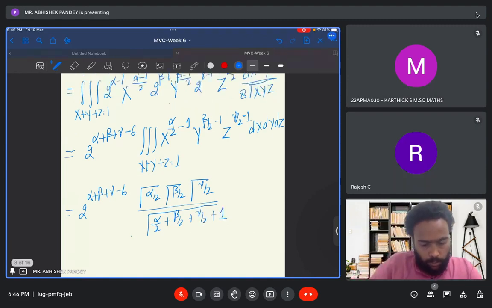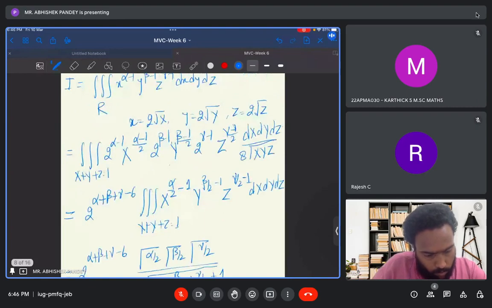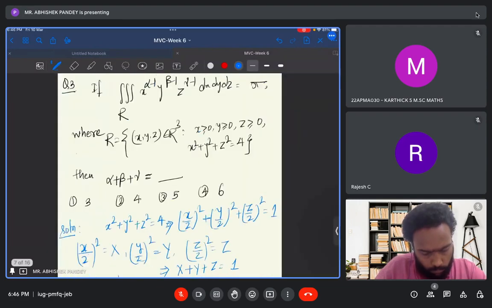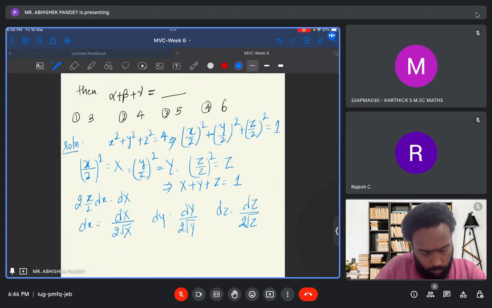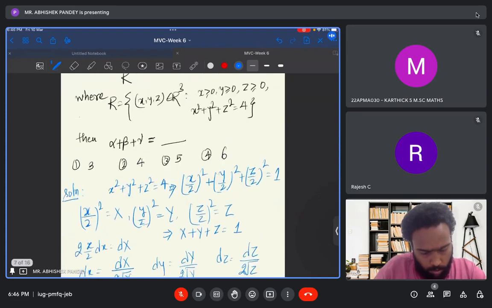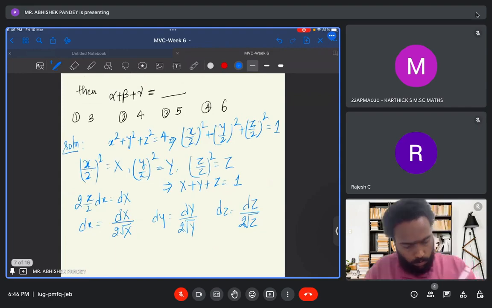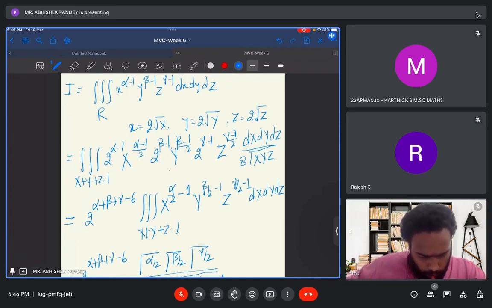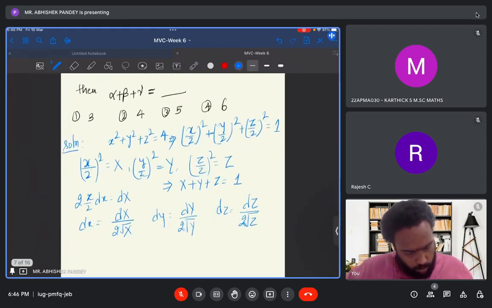Let us first see whether this one is correct or not. x is equals to 2 root over x, y is equals to 2 root over y, z is equals to 2 root over z.